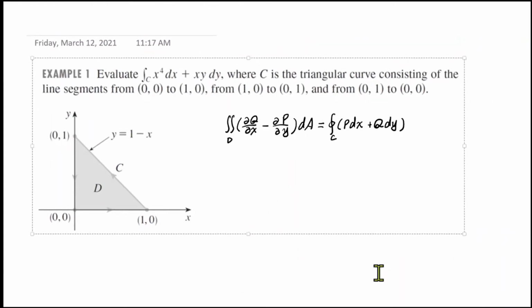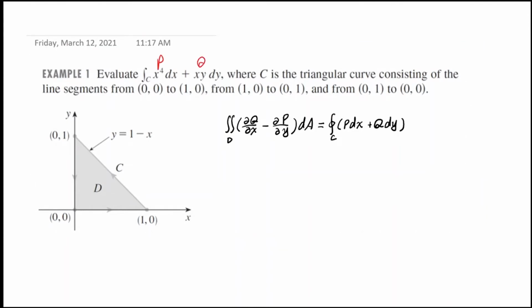So which is P and which is Q then? Do you see that this is P right there and this is Q right there, correct? Do you see that? Okay, so we have to take a partial derivative. We'll start from this side, and I want to use blue.